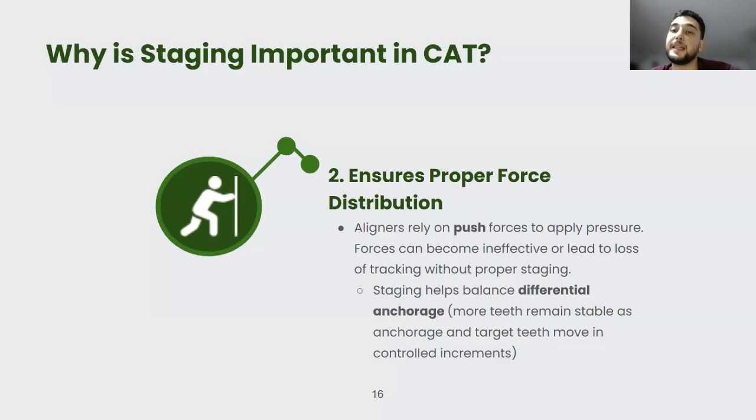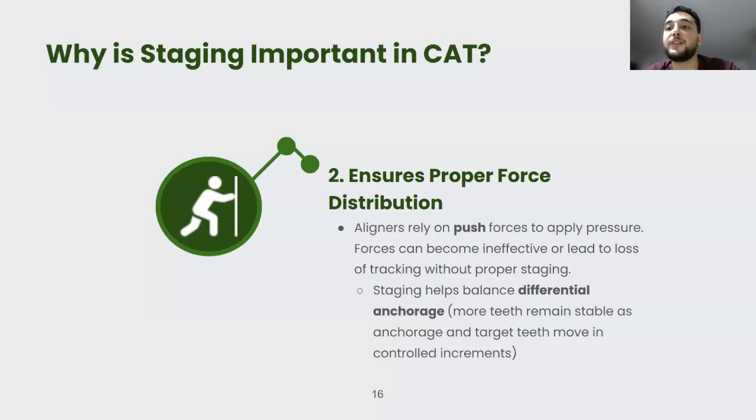So whenever we're moving a segment of teeth, the aligner is going to need anchorage from other teeth in order to apply this force. If we are moving all the teeth at the same time, we're not going to get a segment that is stable and providing anchorage for the other movements. So if you're moving the posterior teeth and the anterior teeth at the same time in an unsynergistic fashion... In some movements, we can combine anterior and posterior movements in a synergistic fashion.